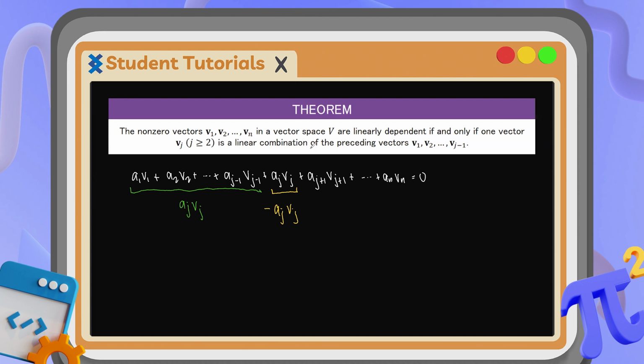And it would be linearly dependent since, number one, there are two vectors present which are inverses of one another. So one constant would already be negative and one is positive.